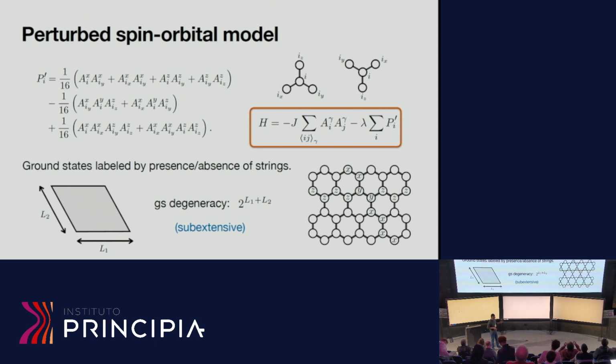In this sense, these lines are different from other models with subsystem symmetries, where you have some constraint that all the symmetry operators have to multiply to the identity. Here, if I apply all the lines, you actually get the uniform Y state. And that's important for counting the ground state degeneracy. In the end, it will scale with the number of these rigid lines that we have on the lattice.